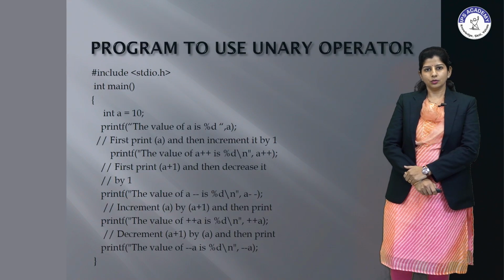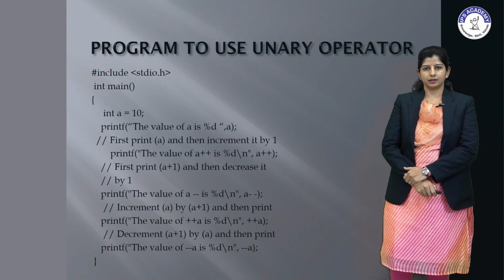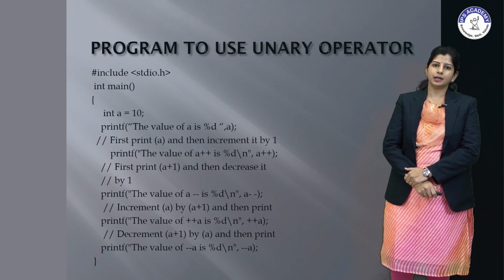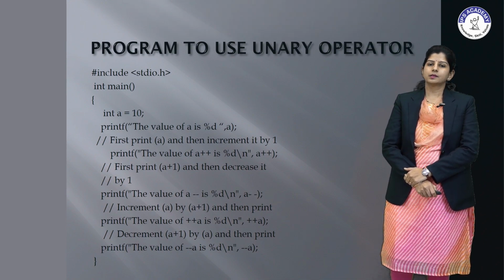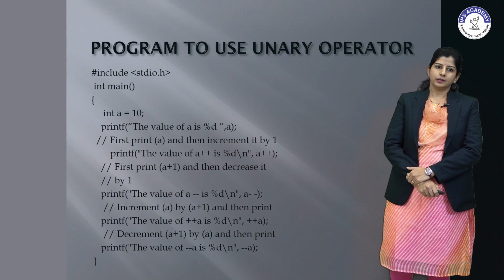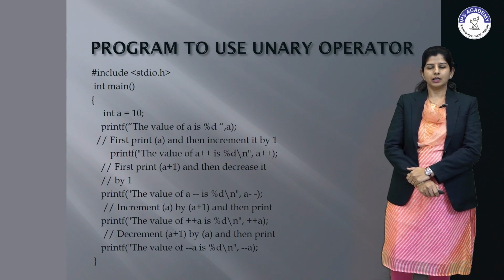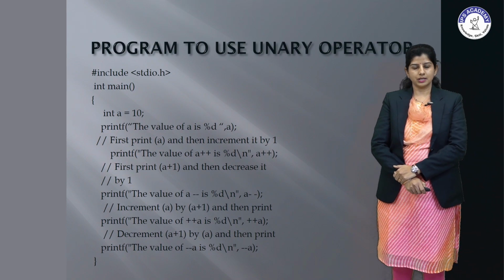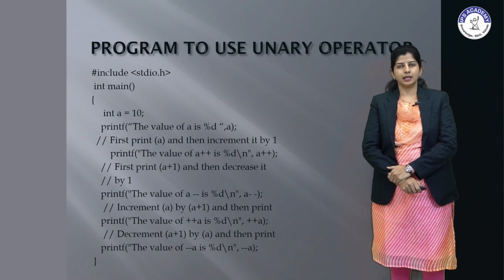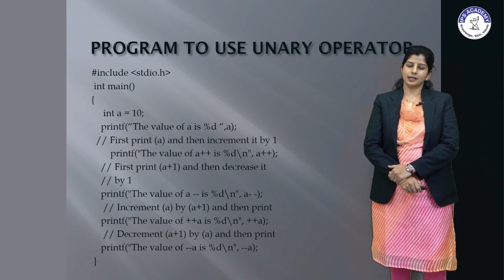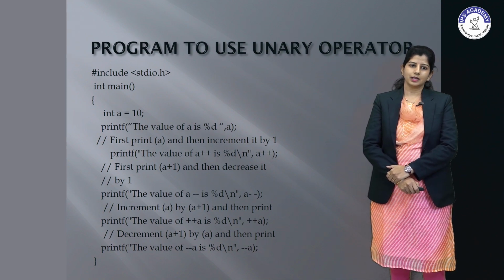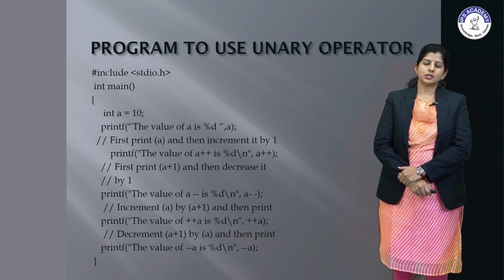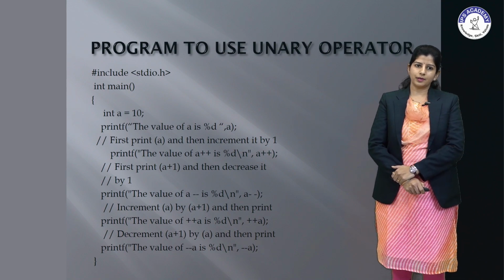So how can we use the unary operator? A program to use the unary operator is here. First of all, we all know that we have to include a header file in our C program. As usual, we include stdio.h. It is a standard library file, the standard input-output header file, which is essential.